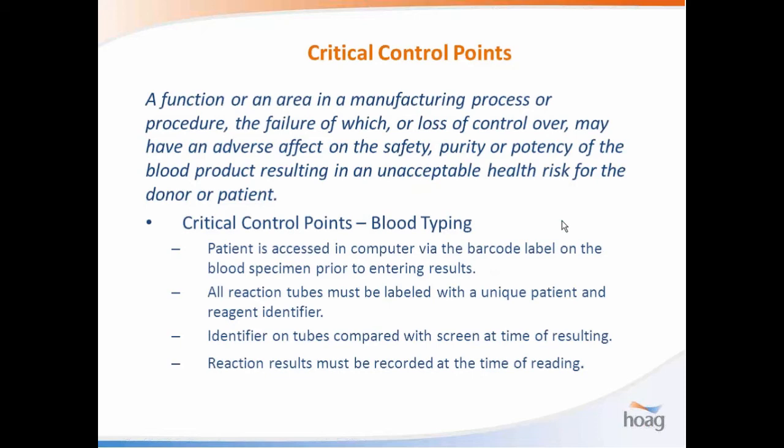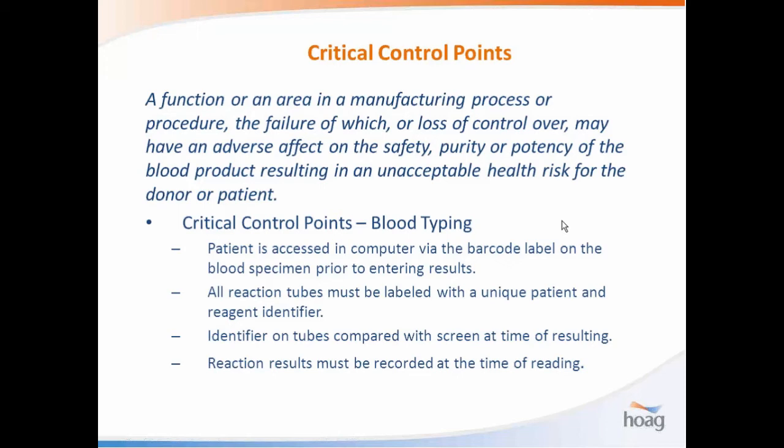For example, critical control points pointed out in our blood typing policy are that you access the patient in the computer via the barcode label on the blood specimen prior to entering results, that all reaction tubes must be labeled with a unique patient and reagent identifier, and that you compare that identifier with the screen at the time of resulting, and that you don't enter all the results from memory, that you enter the reaction results as you are reading them, as you shake the tube or look at the plate.